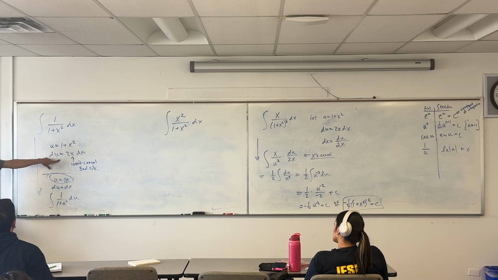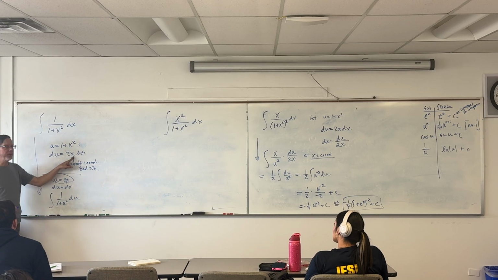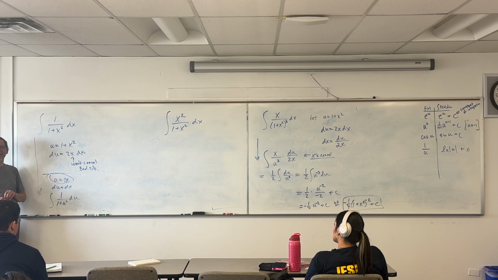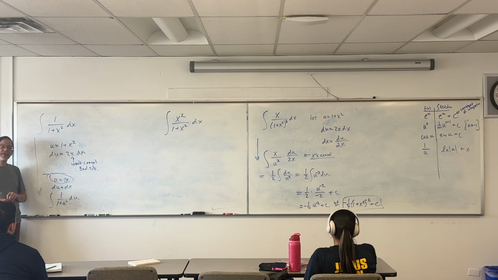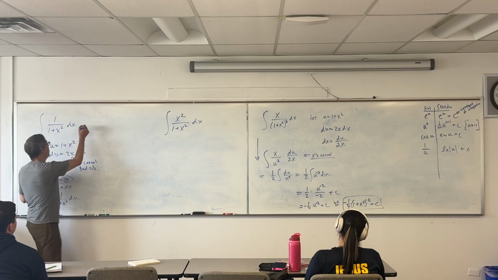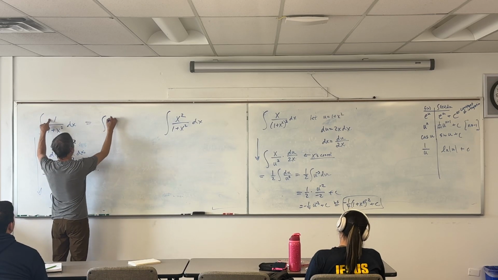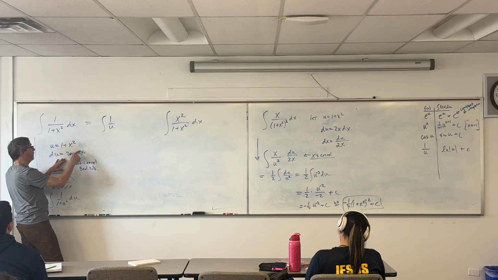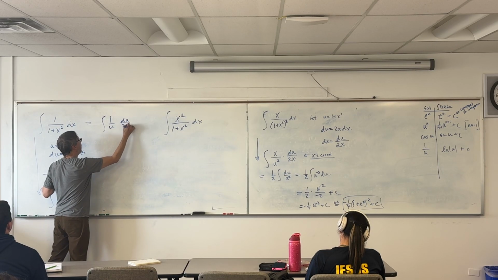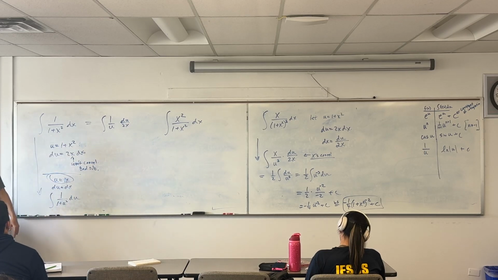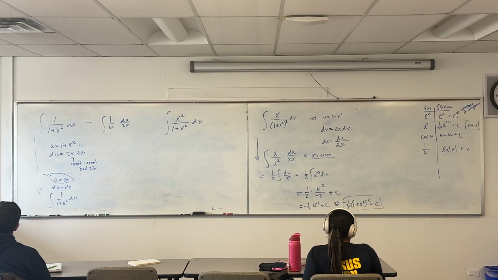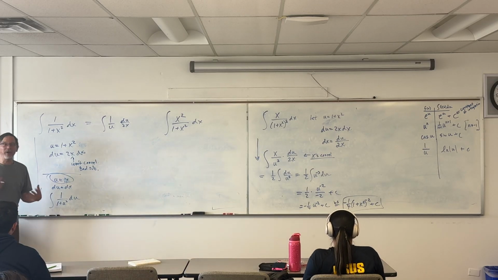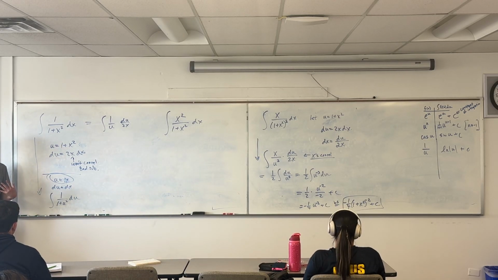Well, if I do this rewrite, this is going to be 1 over u, and I guess that's what you're suggesting. And then the dx will become du over 2x. The problem is I've got that x in there that's never going to go away, so now I'm using x's and can't really progress. Does that make sense? So no substitution is going to make this guy work.